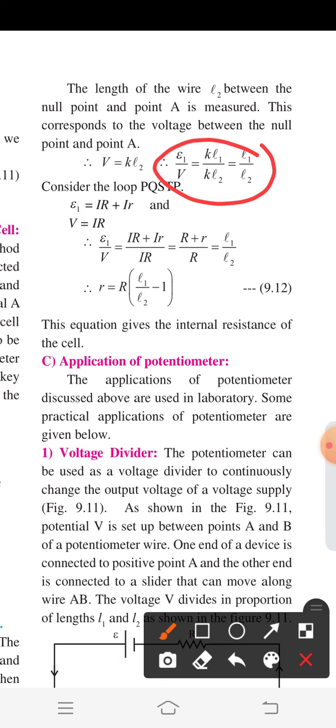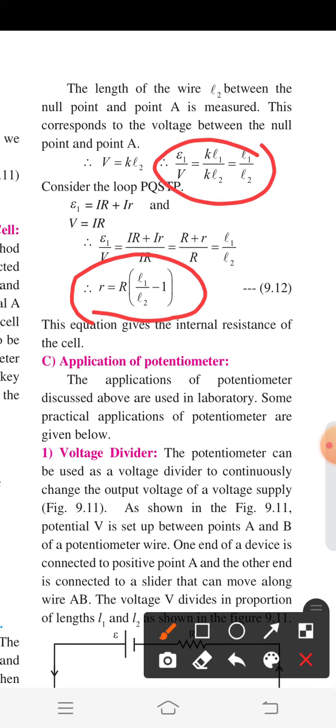So we have R plus r divided by R is equal to L1 upon L2. We have to measure the internal resistance small r of this cell, so solving for r, we get small r is equal to capital R into L1 divided by L2 minus 1. This equation gives the internal resistance of the cell using the potentiometer.